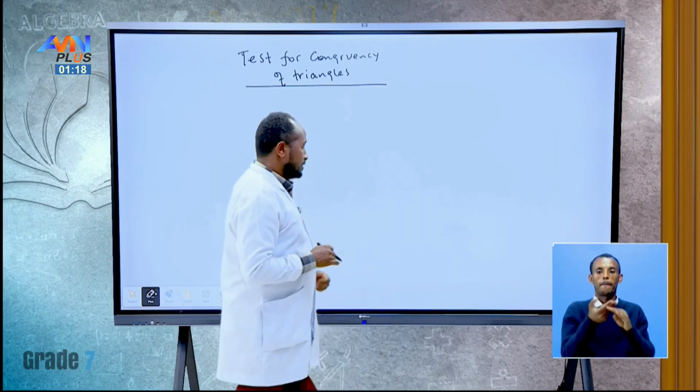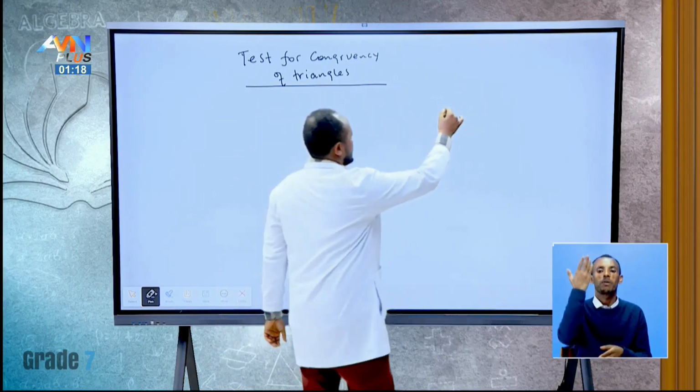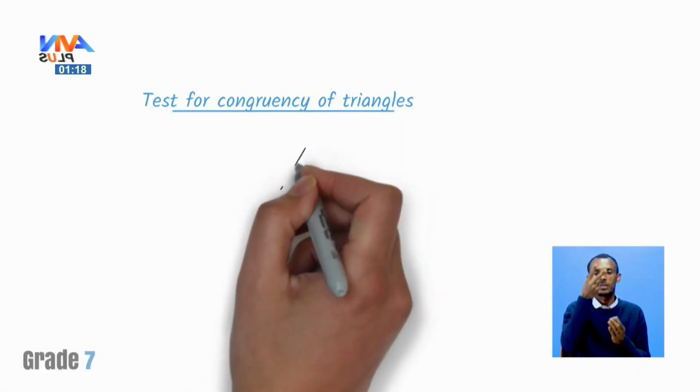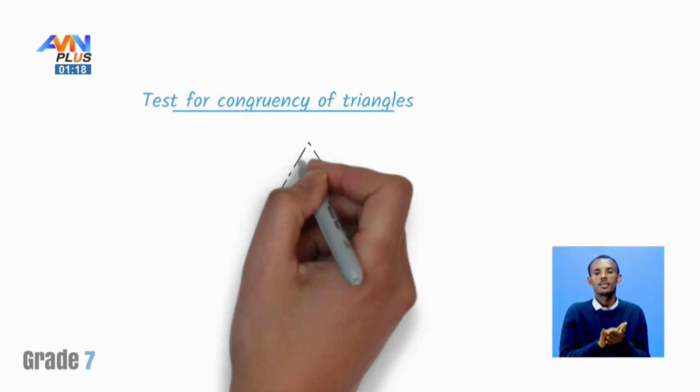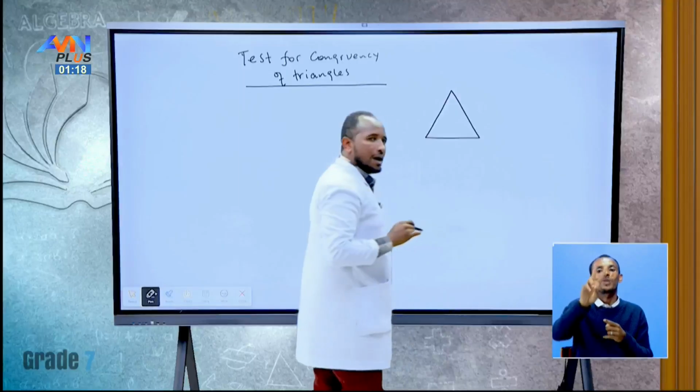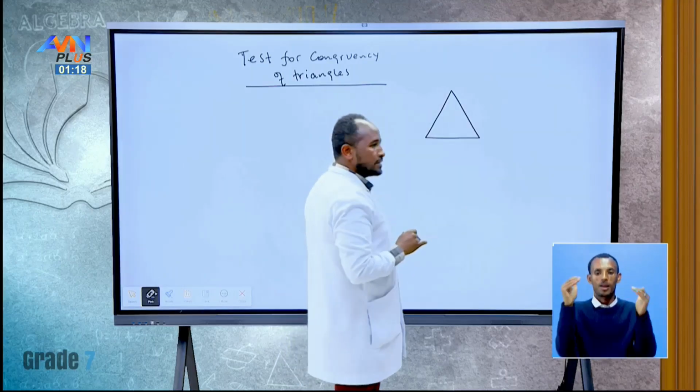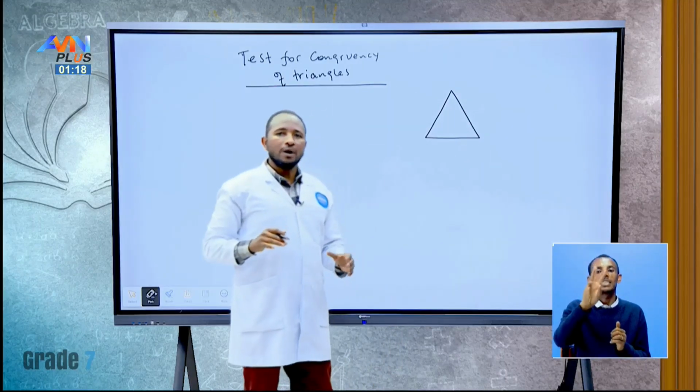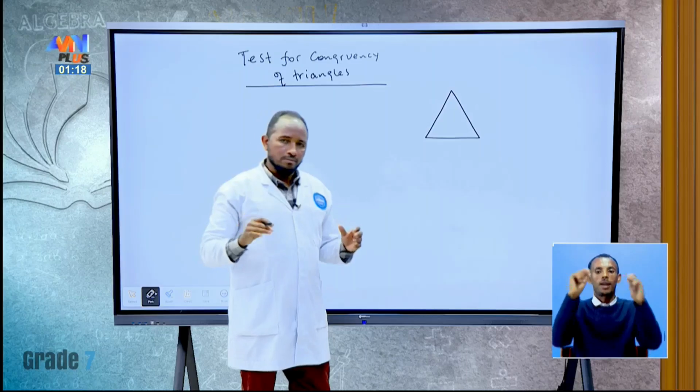Before that, in the previous lesson, we have seen that in order to say two triangles are congruent, the 6 corresponding parts of the triangles must be congruent.